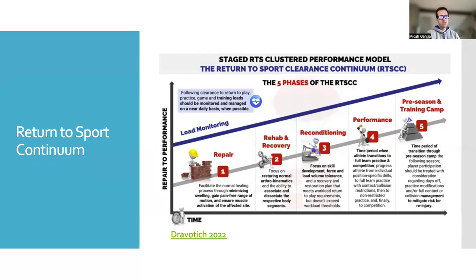You have reconditioning, which is now going to focus on the skill-specific requirements, such as developing force and tolerating different loads. And that's then followed by performance, where now you're actually going to be transitioning into full practice and competition. And then last, now you're in your preseason and training camp, and this is where the goal is to get you ready for the season and incorporate these strategies to reduce the risk of re-injury.